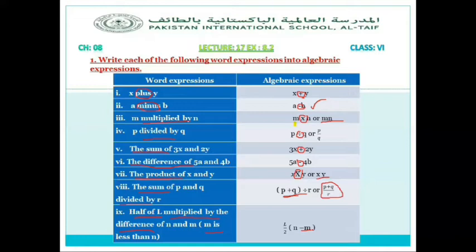Divided by has the sign of division, and sum of or plus has the same concept, the sign of plus. And half means half of L means L over 2 multiplied by, inside the bracket what do we have to introduce? I have introduced a minus. Why? M is less, so we write n minus m here.